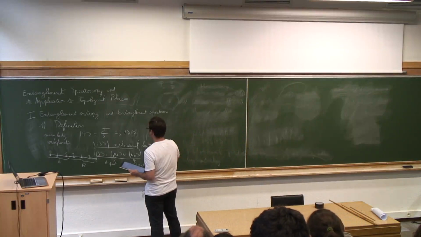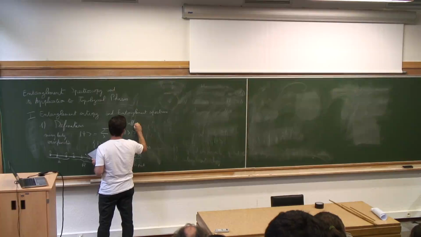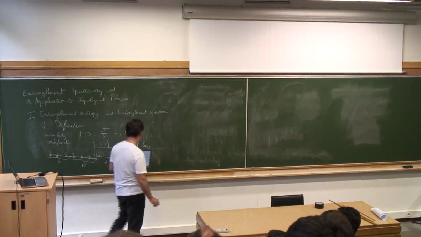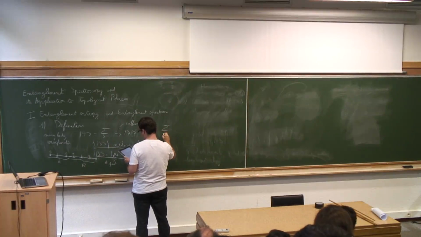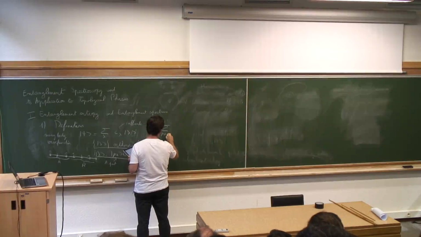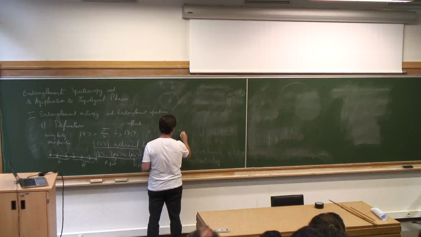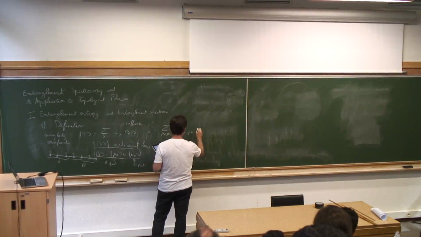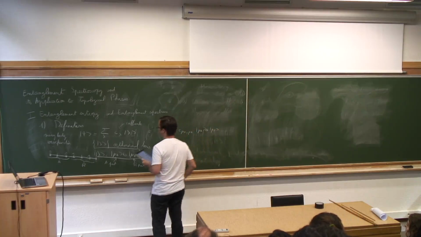Okay, so now I can rewrite. So these are the coefficients of my decomposition, and I can always rewrite my wave function as a sum over all the configurations for A and all the configurations for B, C mu A mu B times mu A tensor product mu B. Right now I've done nothing, right?